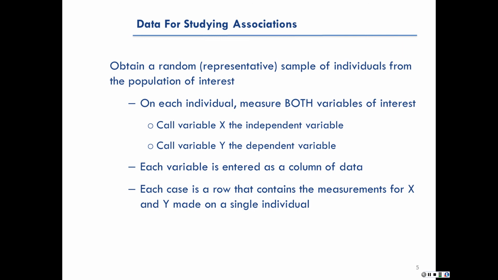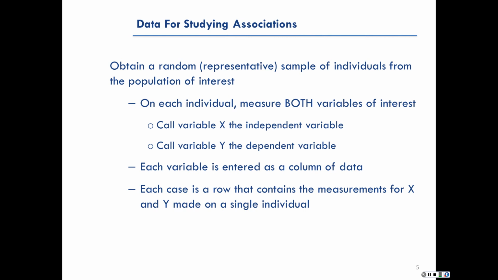Typically we call the independent variable variable X, shown along the horizontal axis of a graph, and the dependent variable we call variable Y, typically shown along the vertical y-axis of a graph.